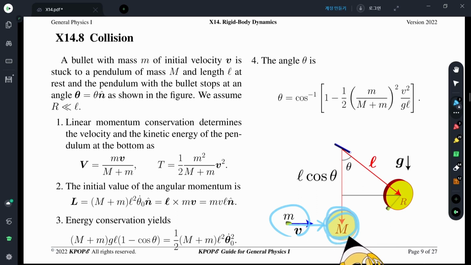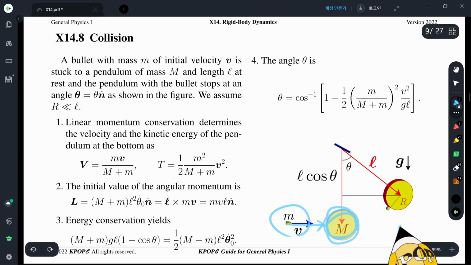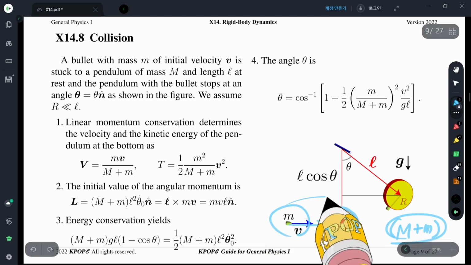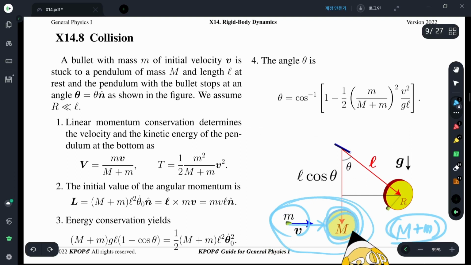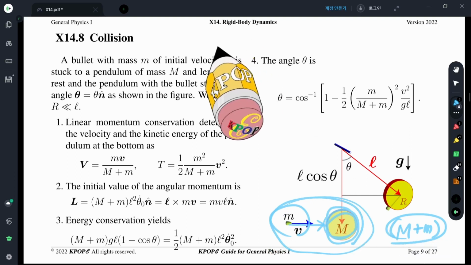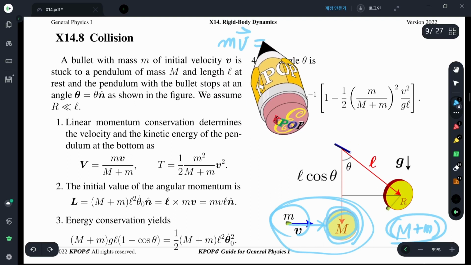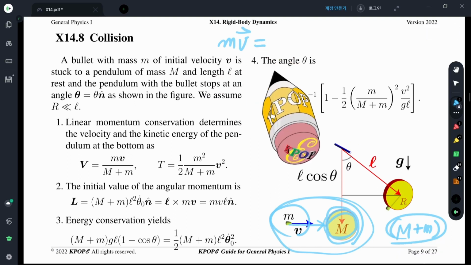In a completely inelastic case, they are combined to move together, merged to have a total mass m plus M. Even though there is a loss of the total kinetic energy of the system in this collision, the total linear momentum of the system must be conserved. That is due to action and reaction.